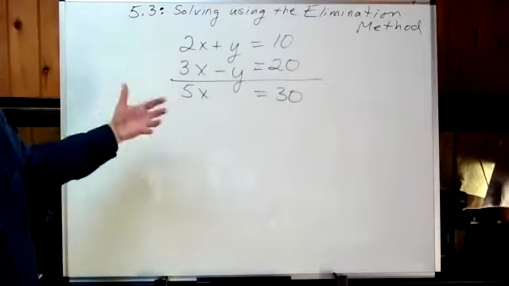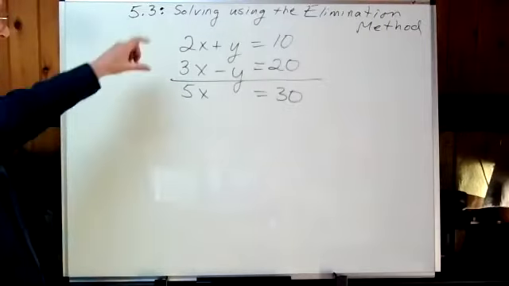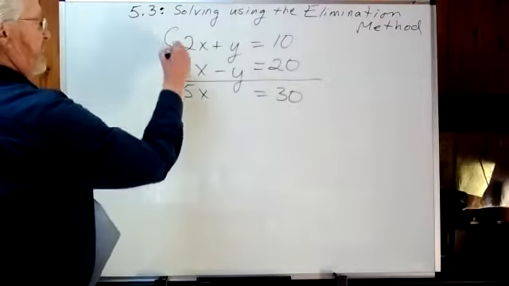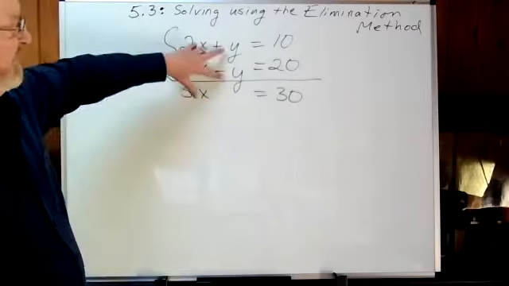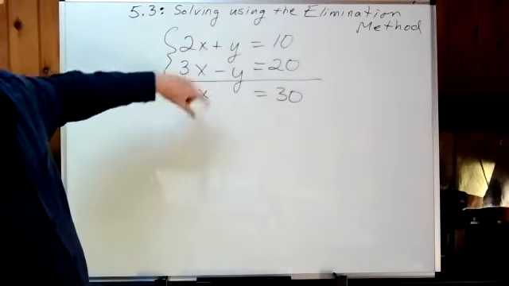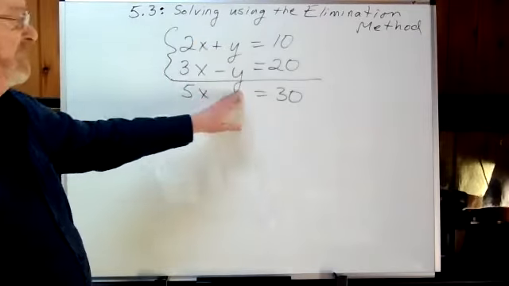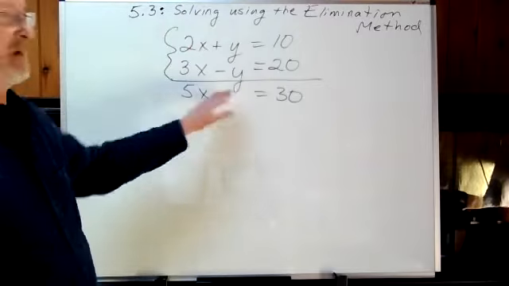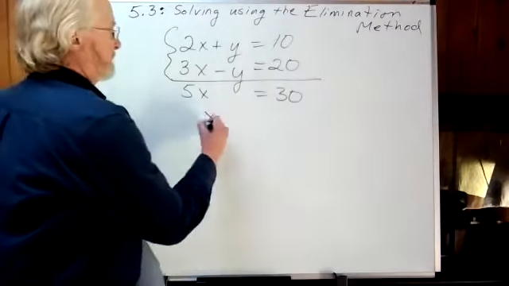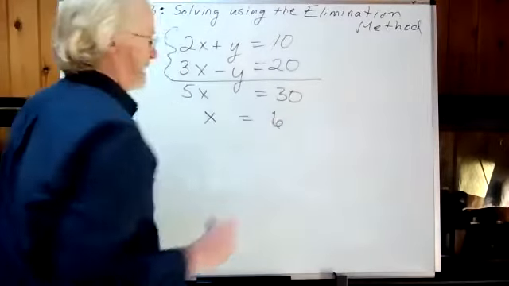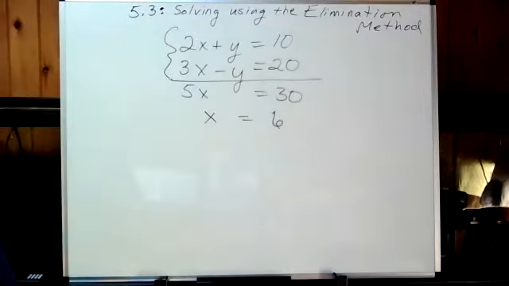But that's the basic process: get one of the coefficients, the numbers here, to be the same size number and opposite signs. So when I add them together, they cancel out. Then I'm left with an equation with only one variable. Dividing by the 5, I get that x is going to be a 6.